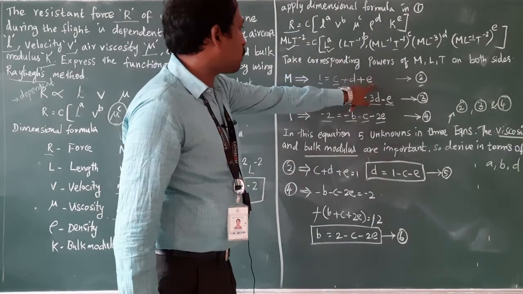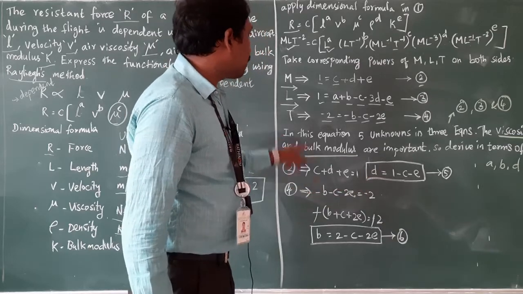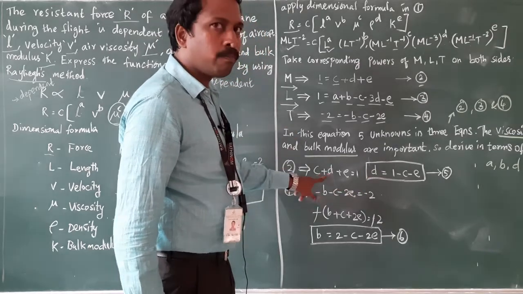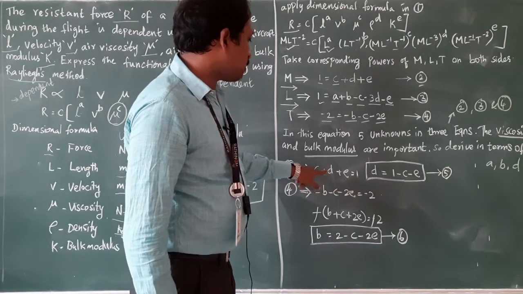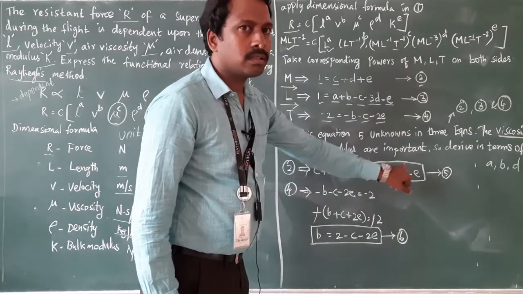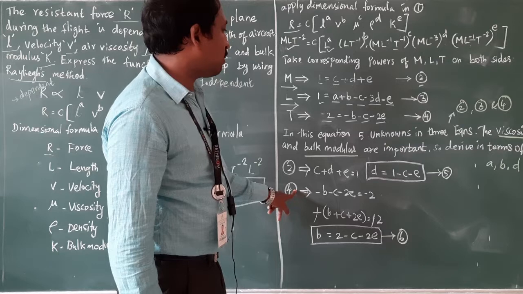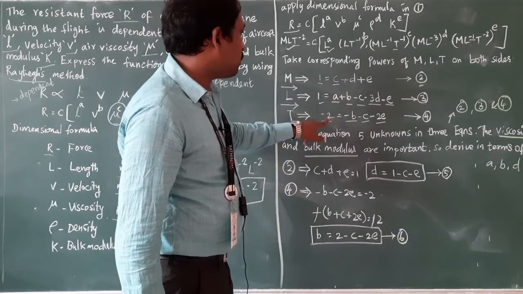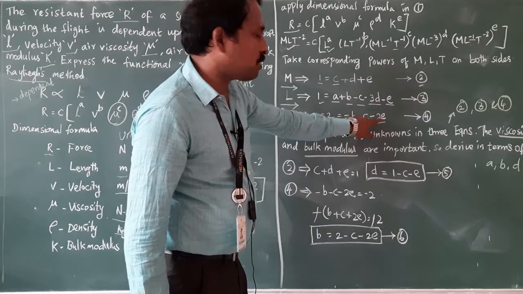From equation number 2, I am finding D. Equation number 2 is C plus D plus E equal to 1. From this, D equal to 1 minus C minus E. Next, from the fourth equation, minus 2 equal to minus B minus C minus 2E.